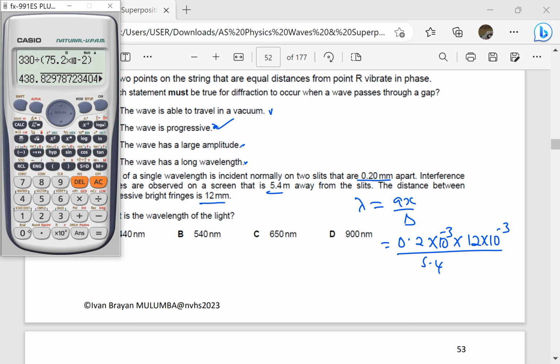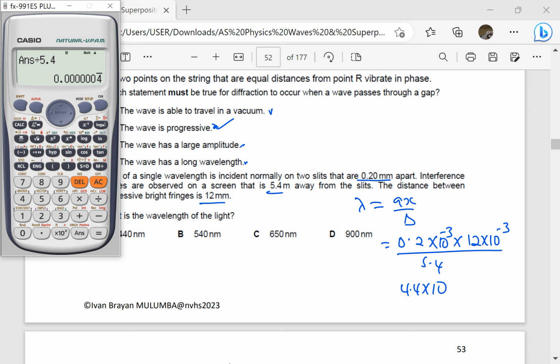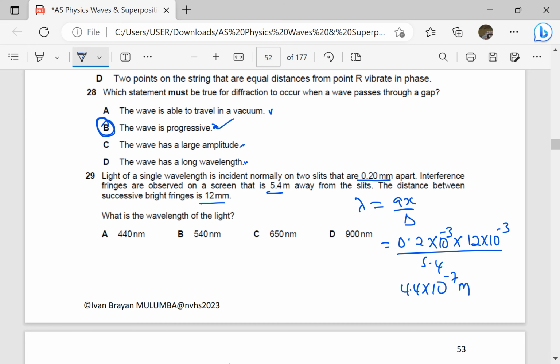So we just press our calculator: 0.2 times 12 exponent negative 6, divide by 5.4. So we get our answer as 4.44 recurring times 10 power negative 7 in meters.